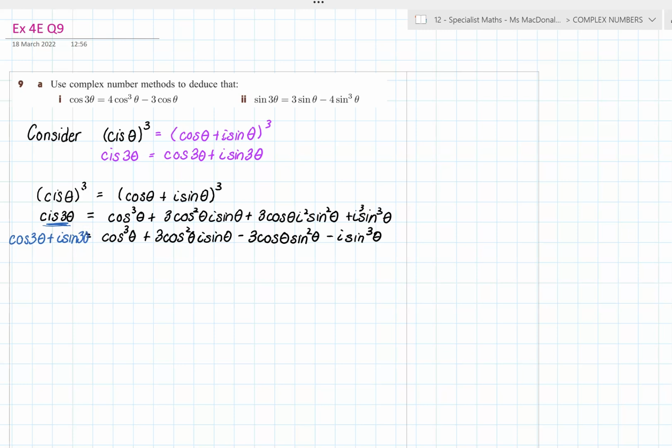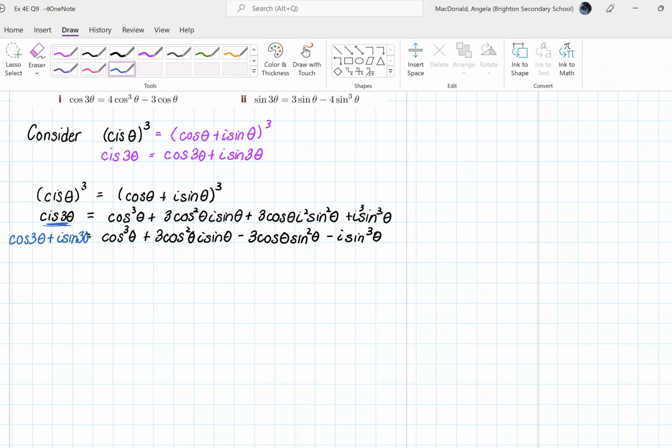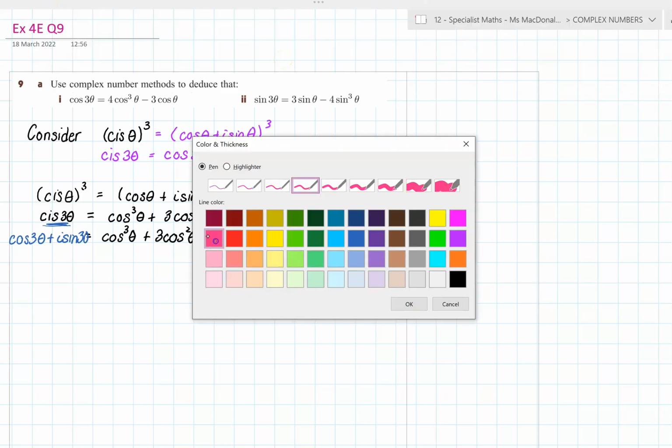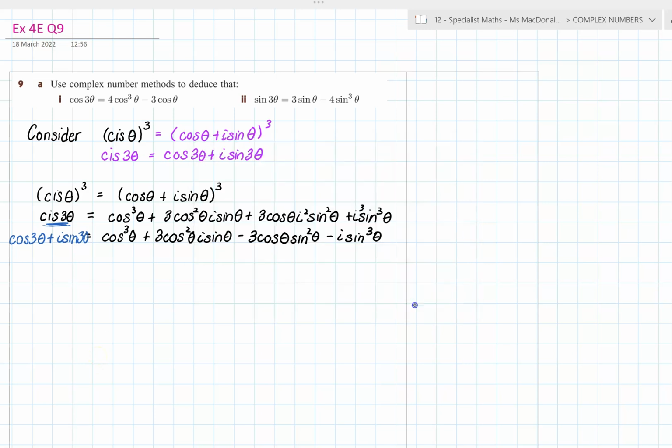So if we look at equating our real and our imaginary coefficients, let's take our real. What's our real on the left-hand side? Well, the real is the cos 3θ, and on the right-hand side, those terms don't have an i with them. So it equals cos³θ minus 3 cos θ sin²θ.